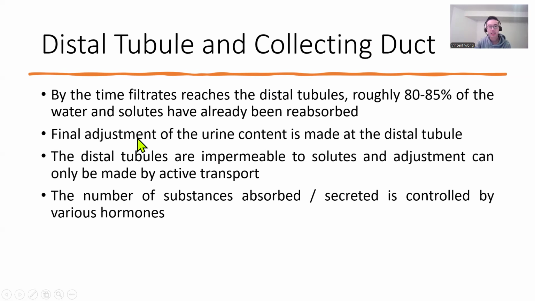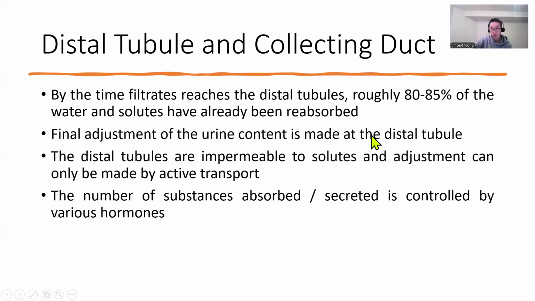Okay. So by the time the filtrate reaches the distal tubule, roughly 80 to 85% of the water and solute have already been reabsorbed. Much of the reabsorption occurred at the proximal tubule, but we were able to absorb even more in the loop of Henle.